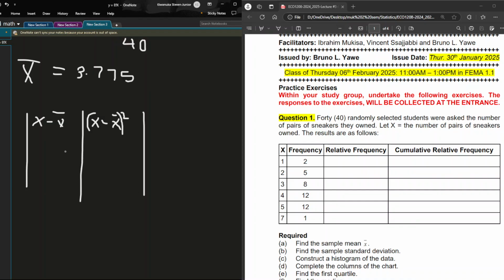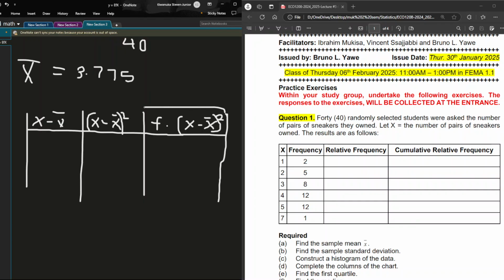Then another column added should be f times the whole of x minus x bar squared.